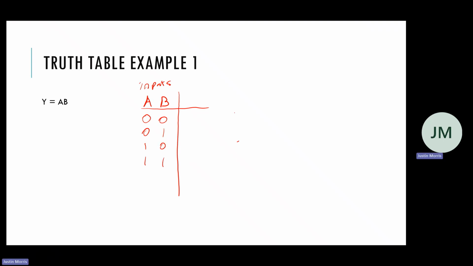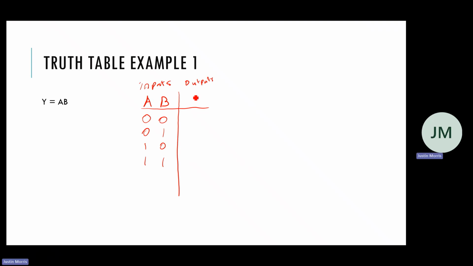Okay, so there's two binary variables, so 4 possible combinations. And then what else do I need to enumerate here? Yep, outputs. What is my output? What is the name of the output first?